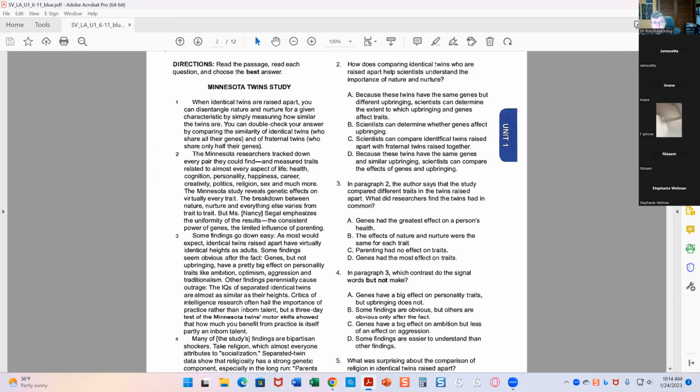Is it scientists can determine whether genes affect upbringing, or scientists can compare identical twins raised apart from fraternal twins raised together, or because these twins have the same genes and similar upbringing, scientists can compare the effect of genes and upbringing. So how does comparing identical twins help scientists understand nature versus nurture?